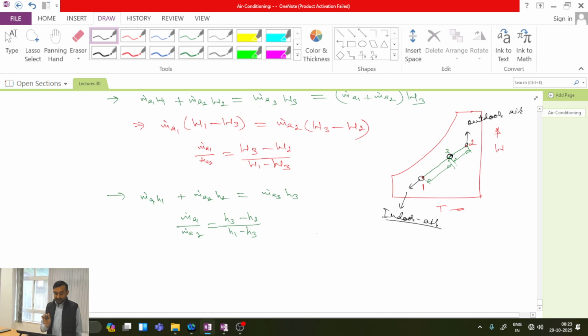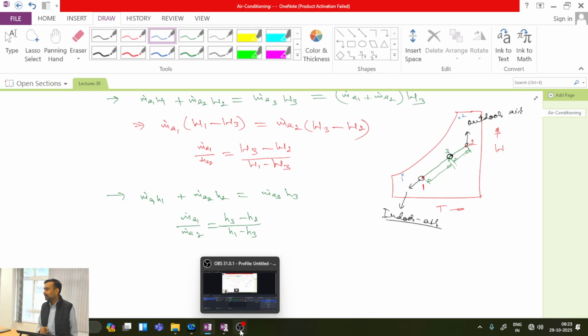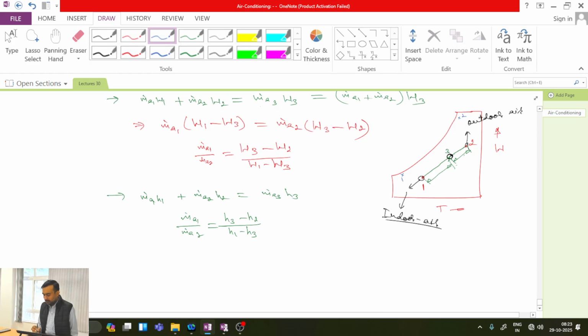Now let me complicate this process. How can I complicate it? Let me consider this is my state 1, this is my state 2. What do I have? One is a very cold stream, and the other is a very hot stream with very high humidity, and the cold stream has very low humidity.